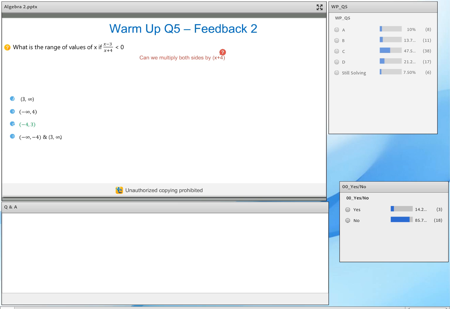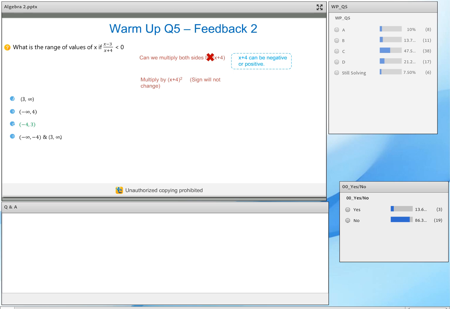Right? And that's the reason why you cannot multiply both sides by x plus 4, because we don't know if x plus 4 is positive or negative. However, what we can do is multiply both sides by x plus 4 whole square. Why can we do that? Because x plus 4 whole square is always positive, or always non-negative.